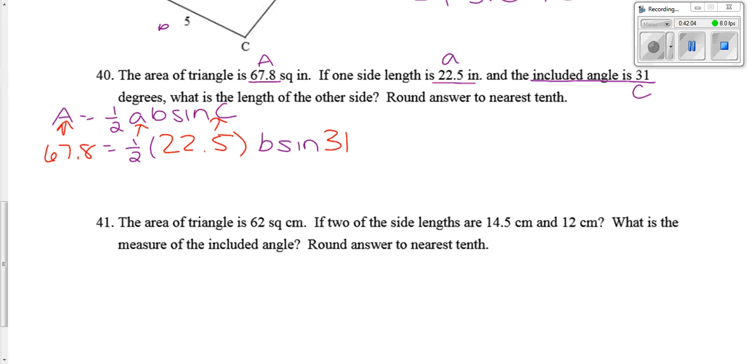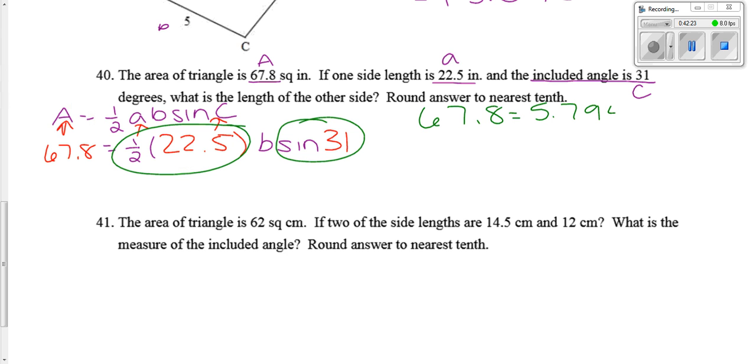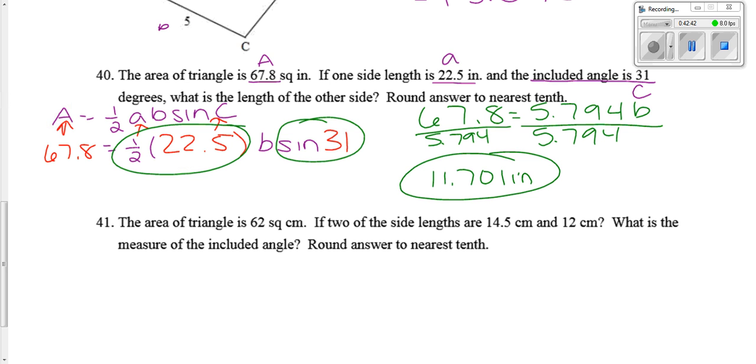I'm going to multiply together everything with a number over here. So when I do all of that, 0.5 times 22.5 times the sine of 31, I get 67.8 equals 5.794b. So divide by 5.794. So I get 11.701 for B.